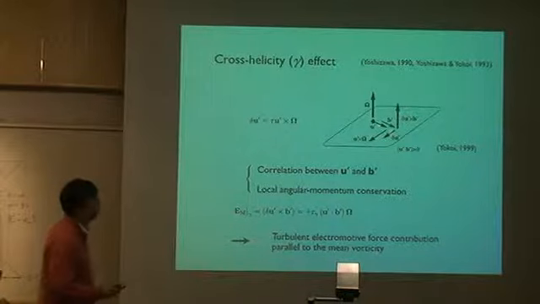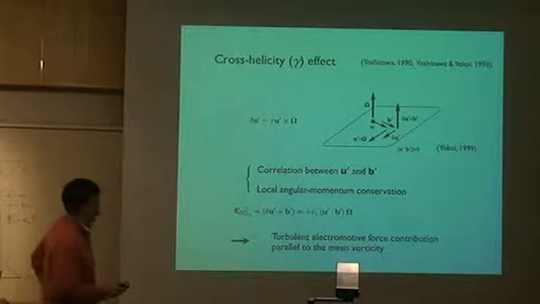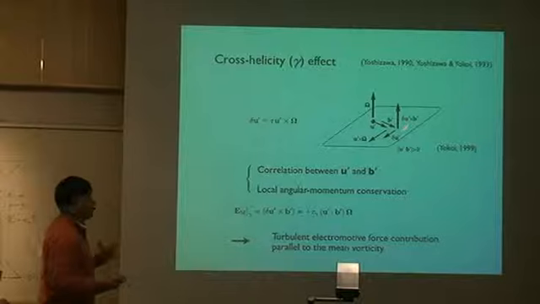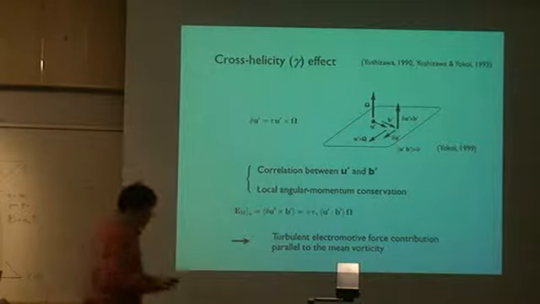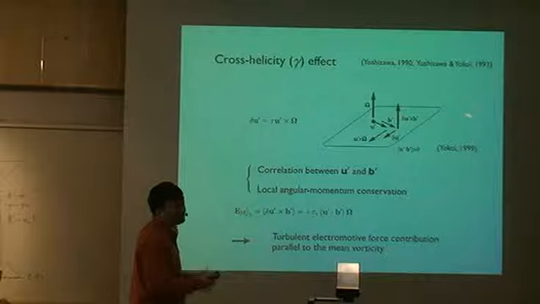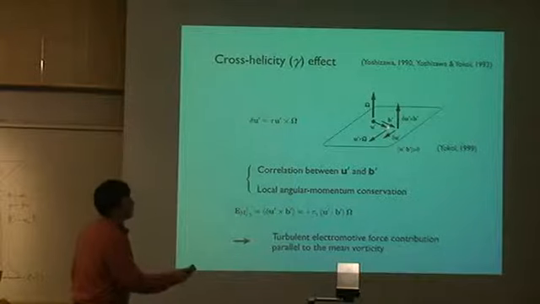This is the only assumption. Then, by assumption, we have alignment of U prime and B prime in a statistical meaning. Then a fluid element will be subject to a Coriolis-like force due to this large-scale vorticity, so it will induce this direction, delta U prime.